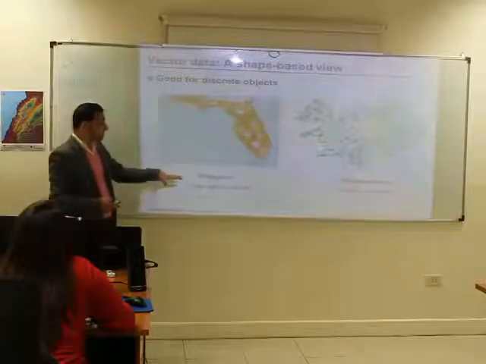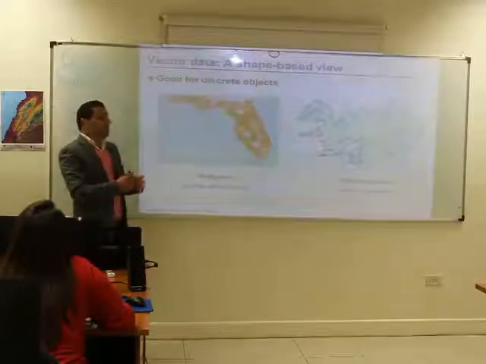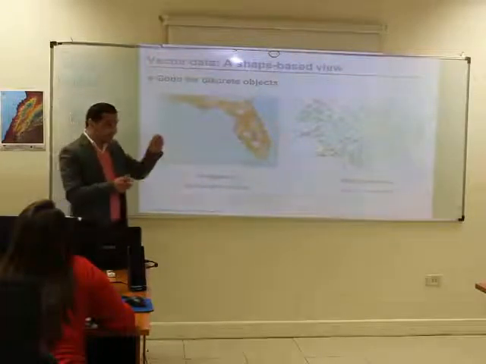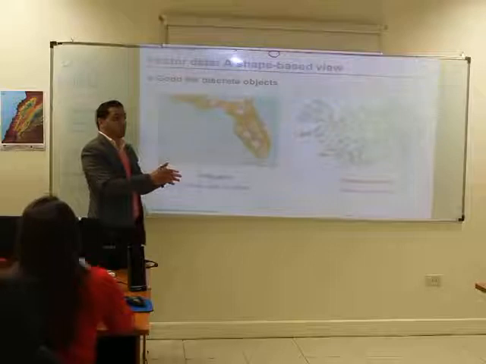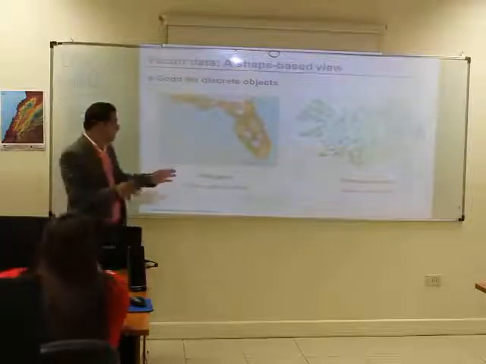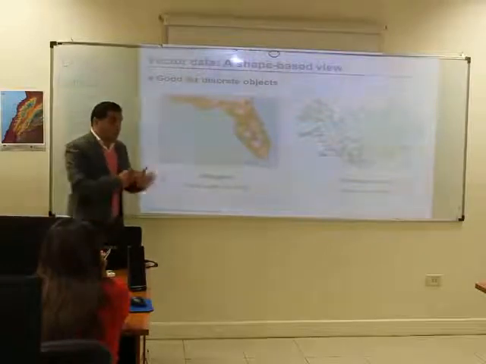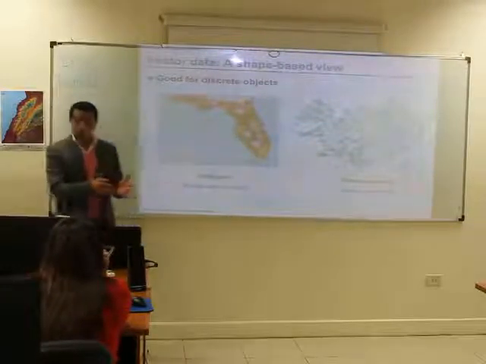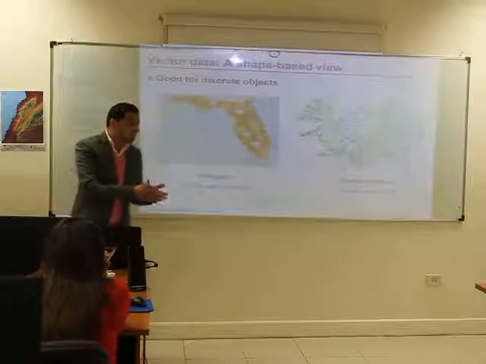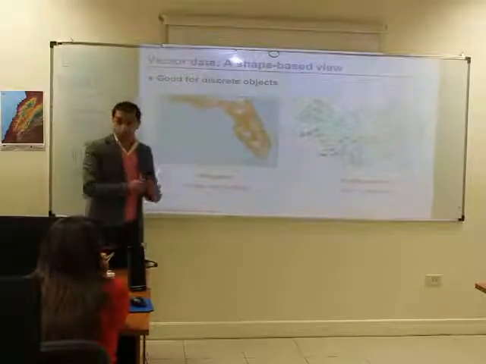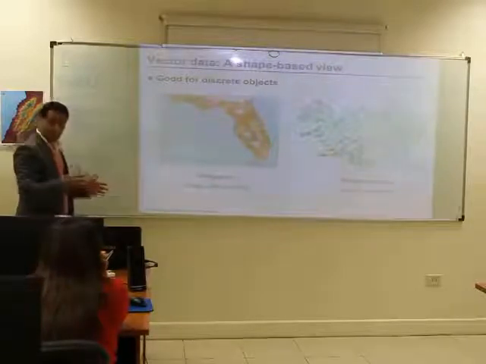The counties or municipalities or districts are created by man. They set the boundaries for every district and every single state. Another example of man-made features: street network, bridge, tunnel, everything related to transportation. Okay, fine.